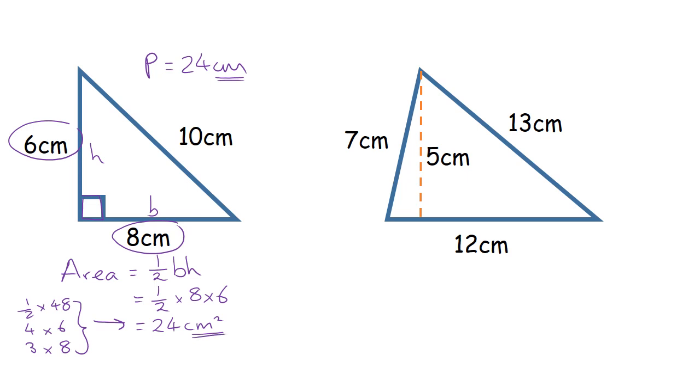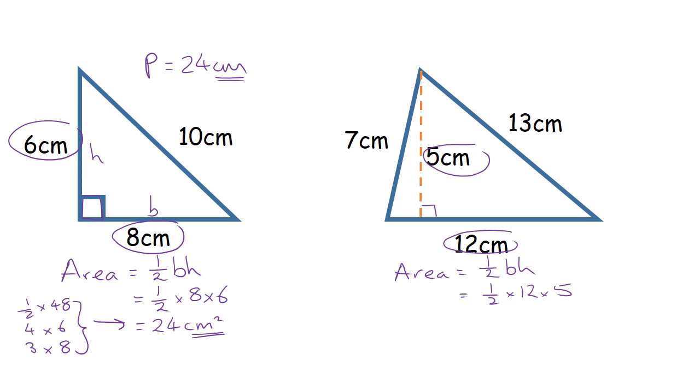Okay, let's have a look at this next one here. Area equals half base times height. Right, what's my base and what's my height? Okay, so can you see this dotted line? That is always at right angles. Whether they put it or not, you can safely assume that they're dropping that down to make a perpendicular. So that means 12 and 5.